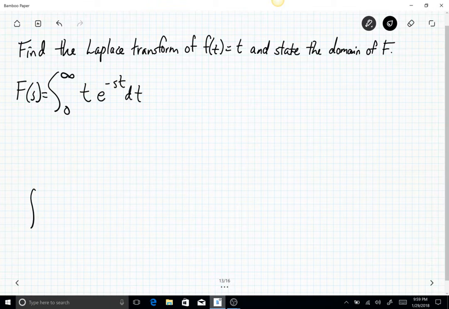Okay, so once again, this is an integration by parts. So you'd say u equal to t, and then that means du equals dt.